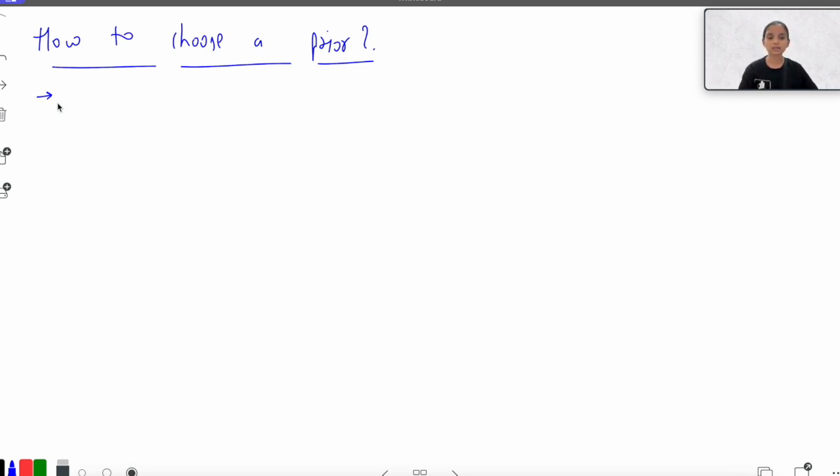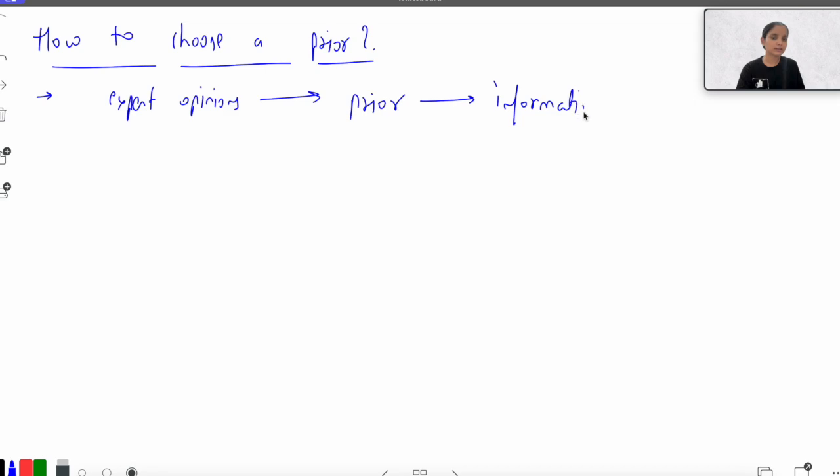In some cases there are expert opinions or similar studies that happened earlier in the field that you are studying. These studies identify the prior, and these priors are said to be informative priors. When you have some kind of information, whether it is historical information or expert opinion, you have information.